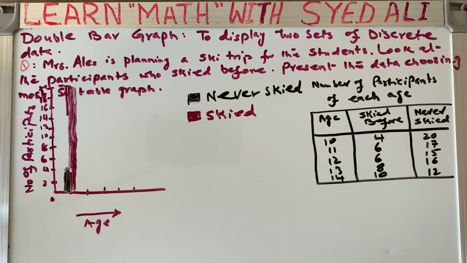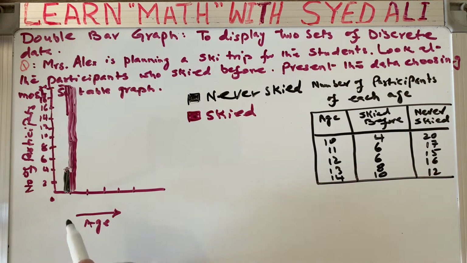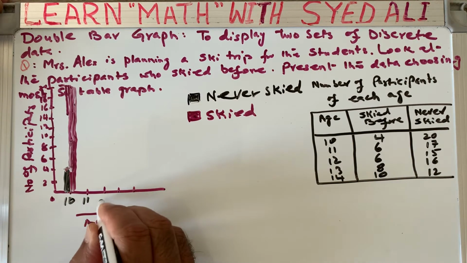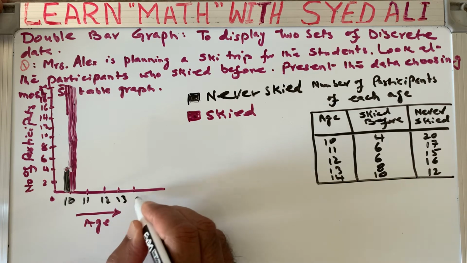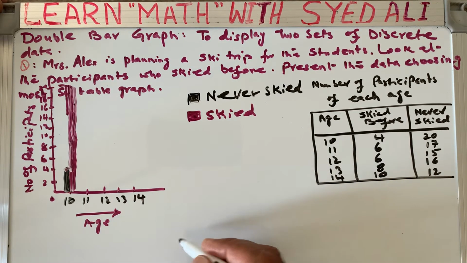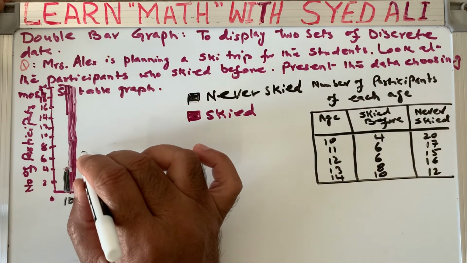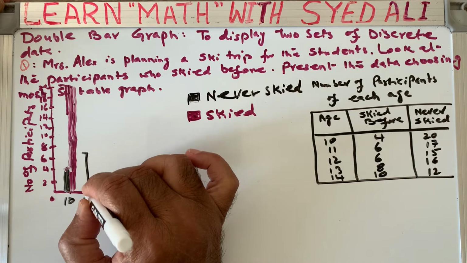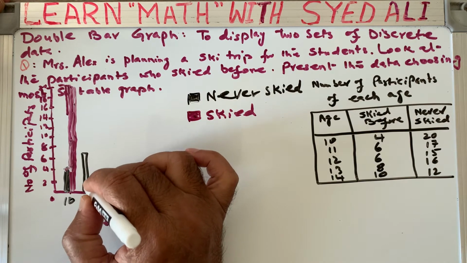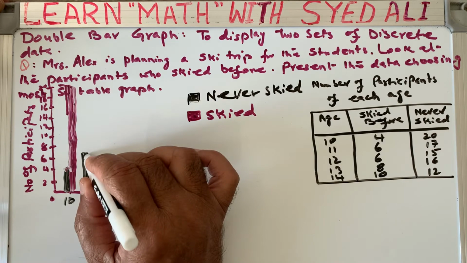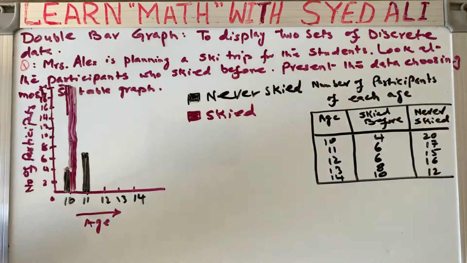Then I took the black marker again because I have to look at age 11. So it is age 10, then 11, 12, 13 and 14 years of age. Now I have to see 6, and 6 is somewhere here. So at the age of 11, there are 6 participants who never skied, but there are 17 participants who skied before.